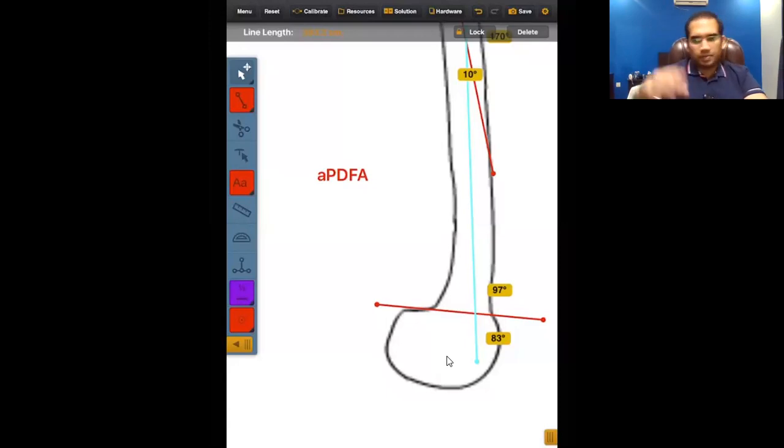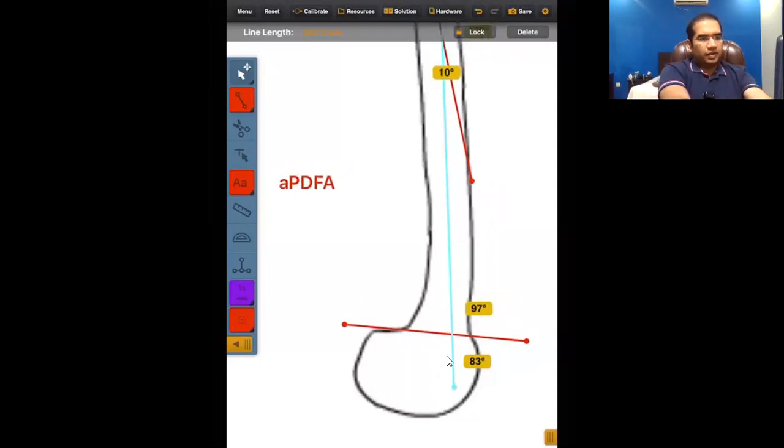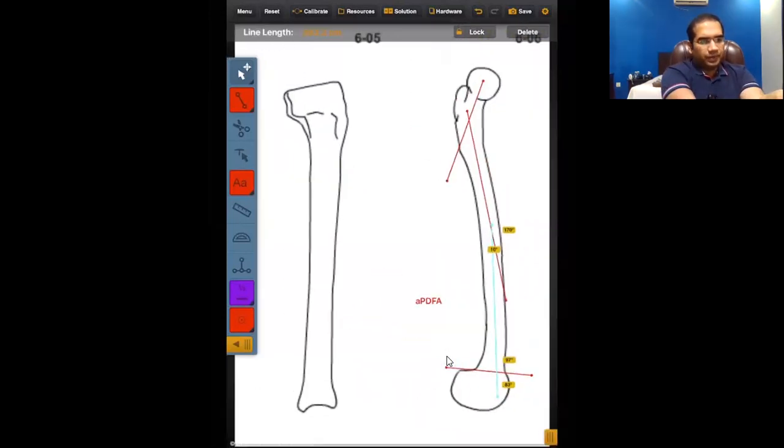Once you understand the joint orientation lines and the concept of knee soft tissue importance, the deformity planning in the sagittal plane is not that difficult.